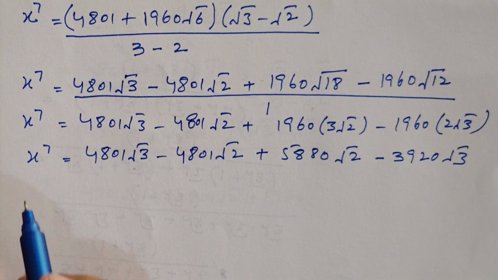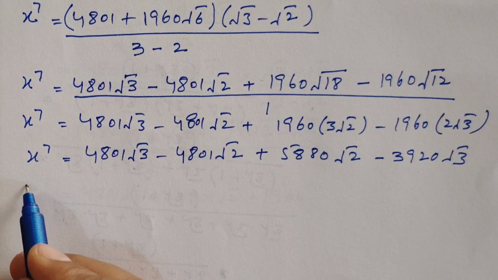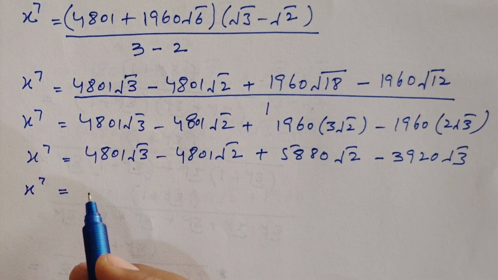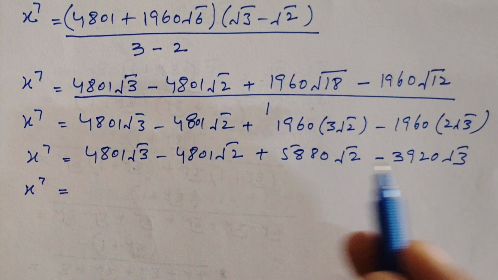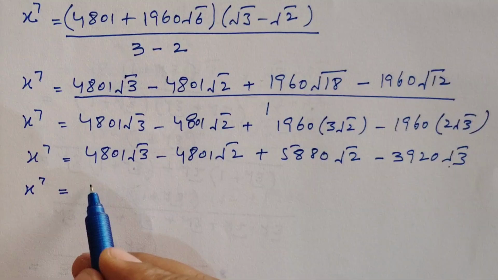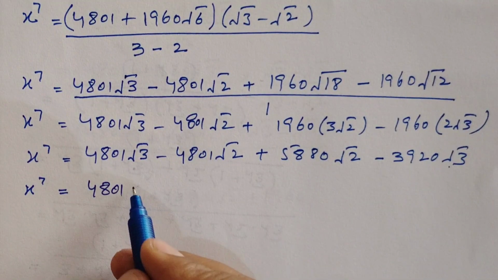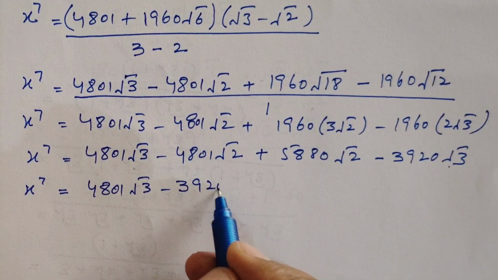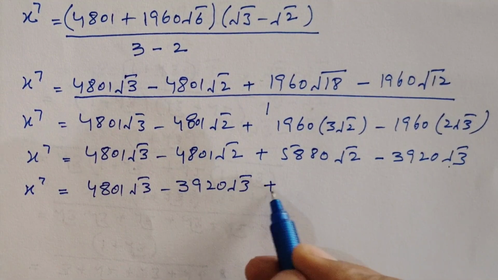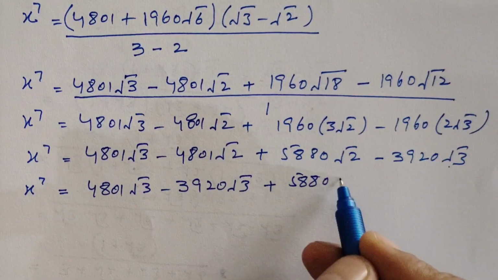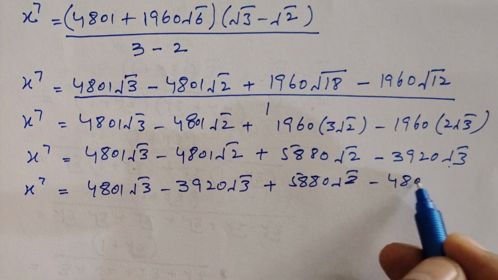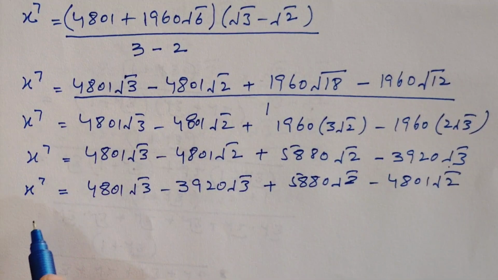X power 7. Now we add and subtract the same square root values, like 4801 and 3920. 4801 square root of 3 minus 3920 square root of 3 plus 5880 square root of 2 minus 4801 square root of 2.